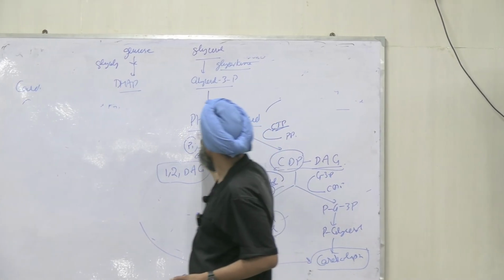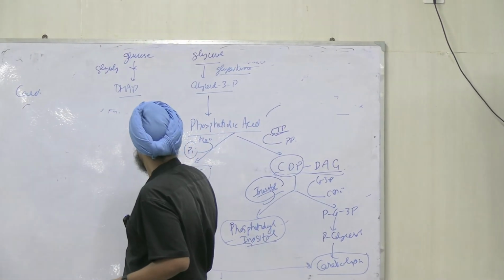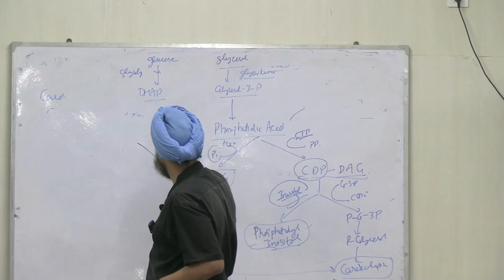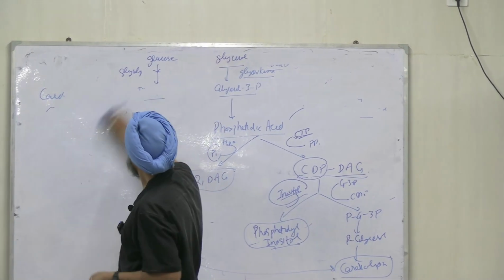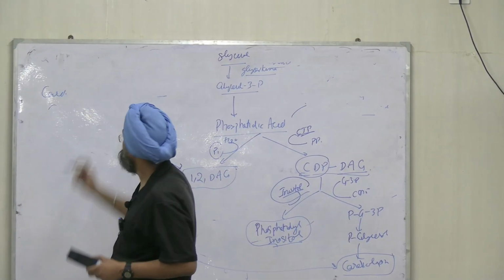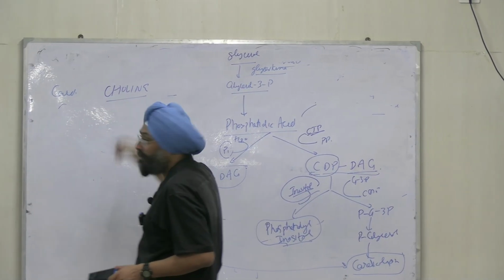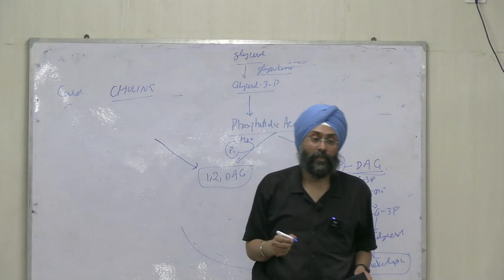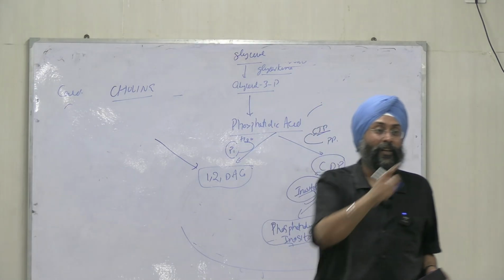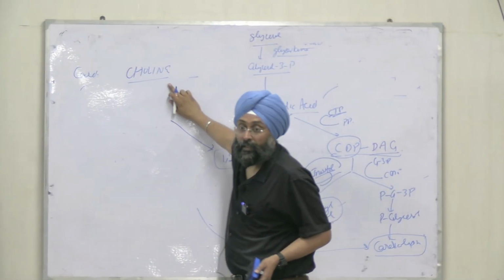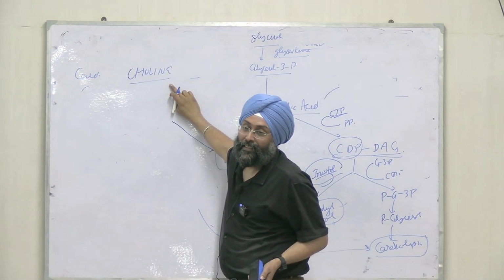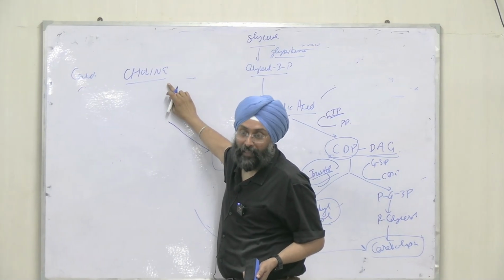Acid, and it can also be converted into 1,2-diacylglycerol, but we attach here. I told you about choline. What was choline? Again, it is present in the yellow part of the egg.